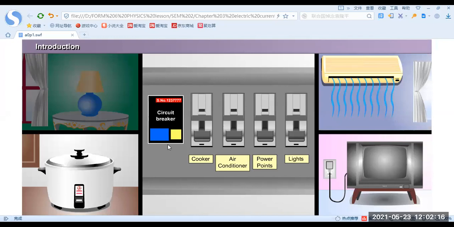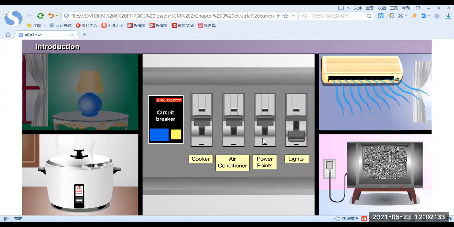Let's look at the circuit. Once I switch on the cooker, we notice that the cooker is working. Once I switch on the air conditioner, it will give us cold air. Once I switch on the power point, the TV will come on.